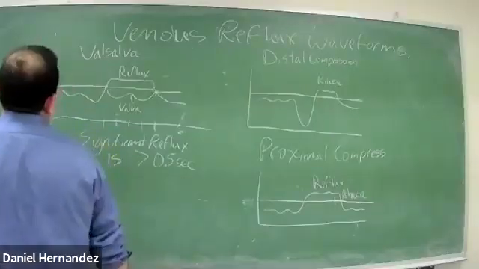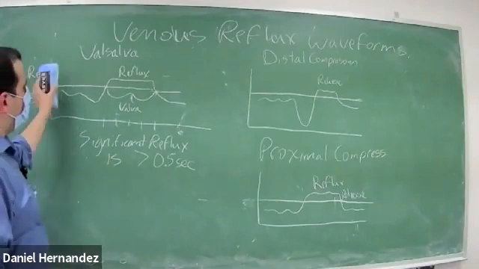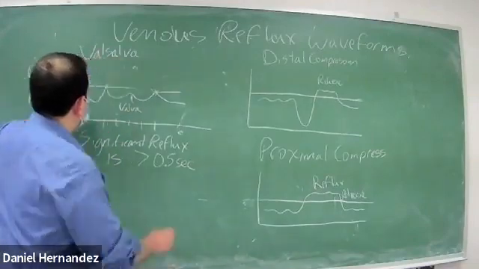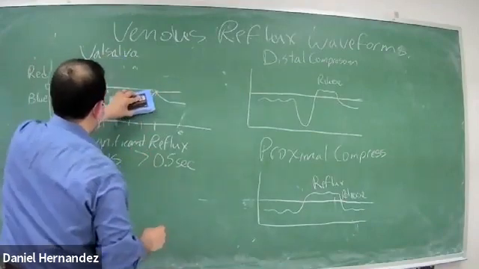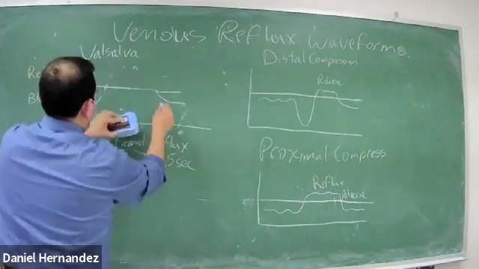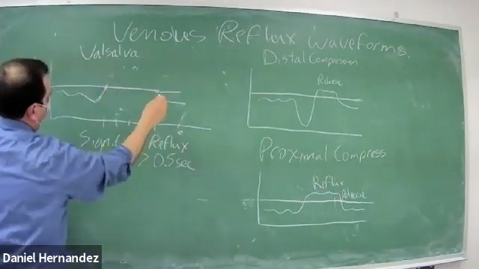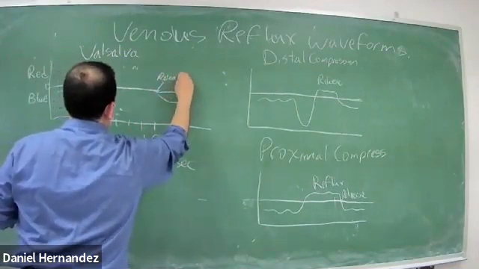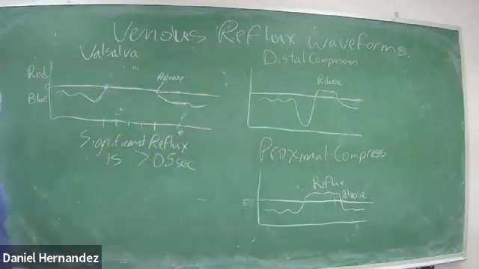Yeah, so if it was a normal study, if there was no reflux present, when we Valsalva, blood flow would just stop. So, we'd have them Valsalva, blood flow would just stop. And then when they release Valsalva, normal venous flow should continue.